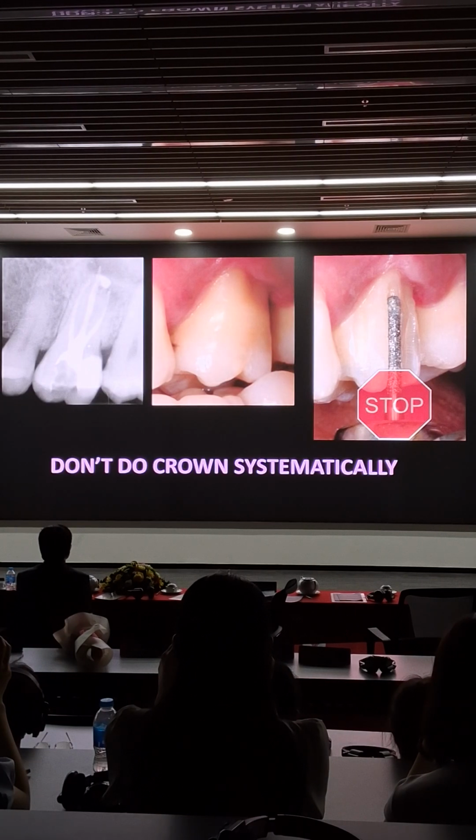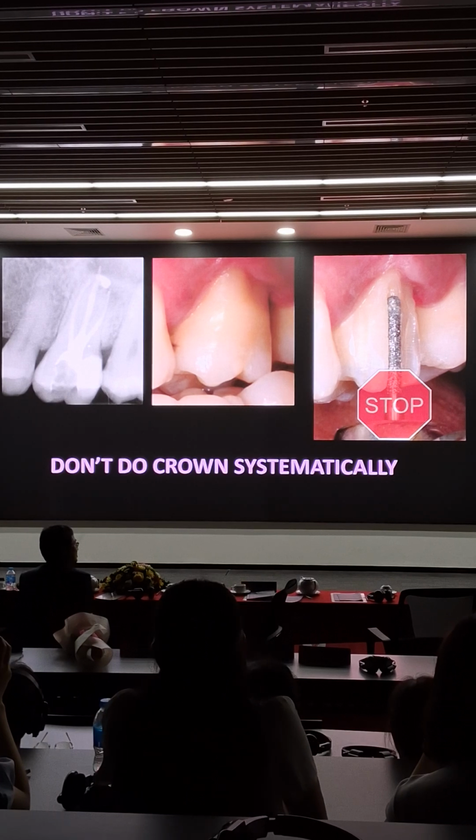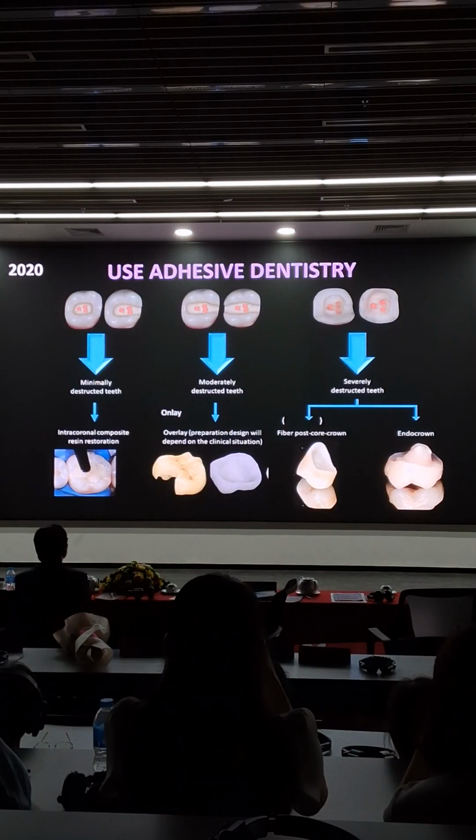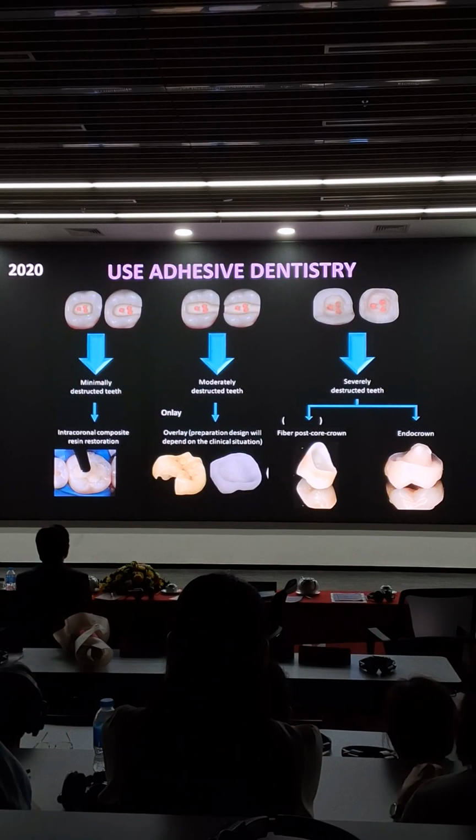Okay. So, as you can see, with all these techniques, what I would like you to keep in mind today is: don't do crowns systematically after orthodontic treatment. You have many solutions. If you have a tooth where you don't lose too much tooth structure, you can do direct restoration.